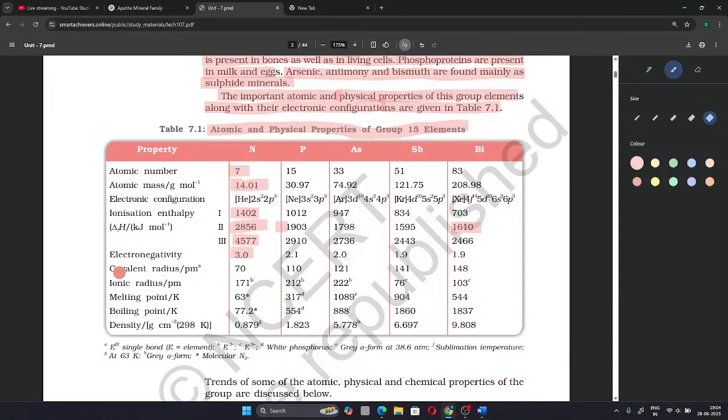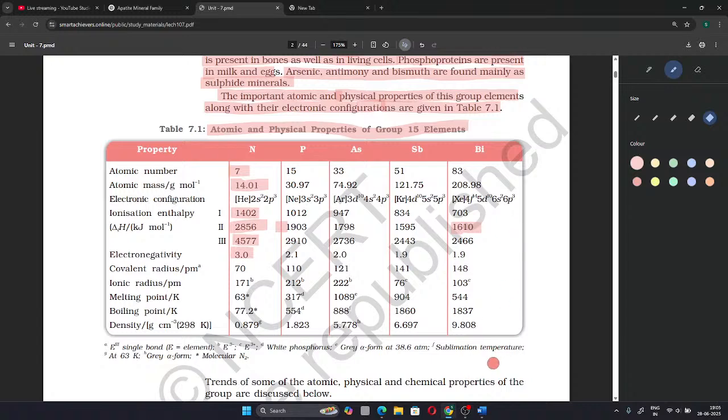As for the covalent radius, with N having the least and bismuth having the highest, this is normal because covalent radius is influenced by the size of the atoms. The higher the size, the higher the bond length. N is a small atom having the least number of shells, whereas bismuth has 5d, 6s and even 6p subshells, with 6 being the highest shell.